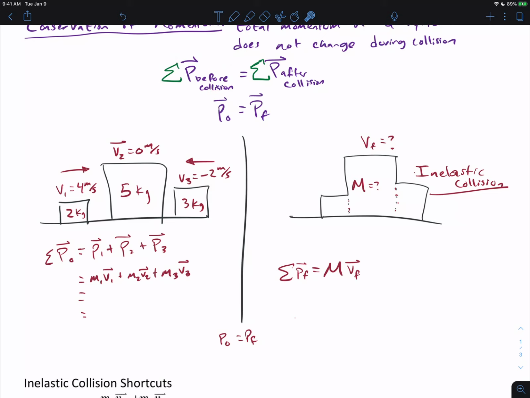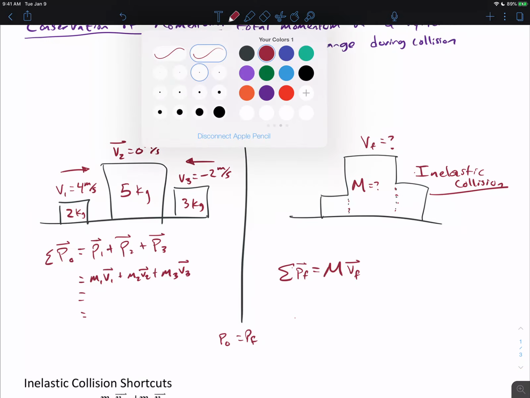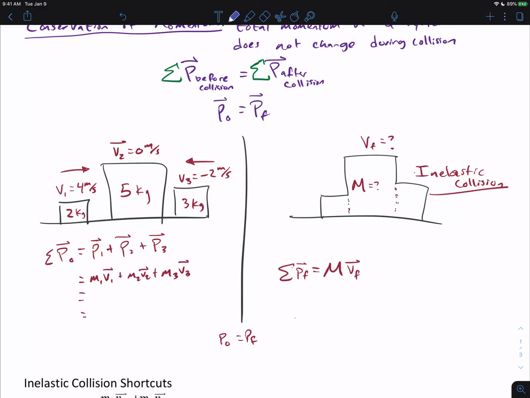Okay, so let's go ahead and try this out. I will have my mass of object 1, which was 2 kilograms, and its velocity, which was 4. And then my mass of object 2 was 5 kilograms, and its velocity was 0. And my mass of object 3 was 3 kilograms, and its velocity was -2, okay?